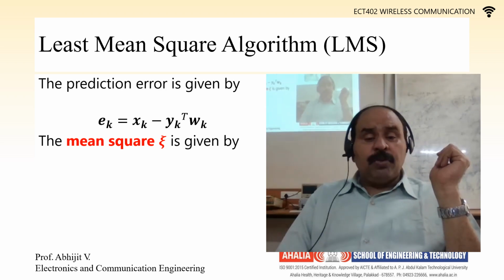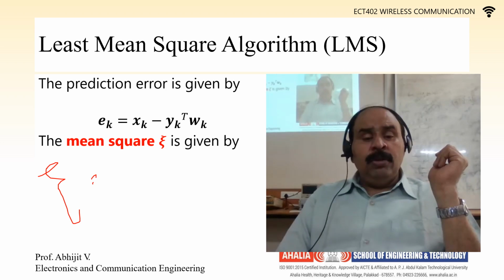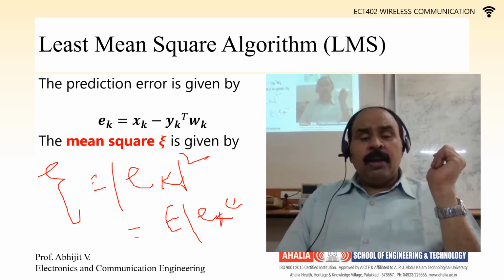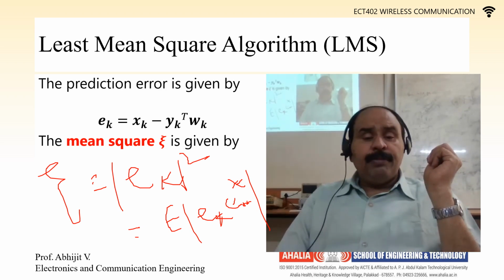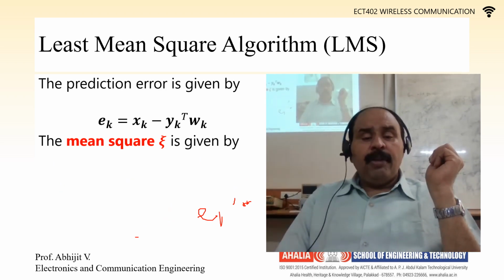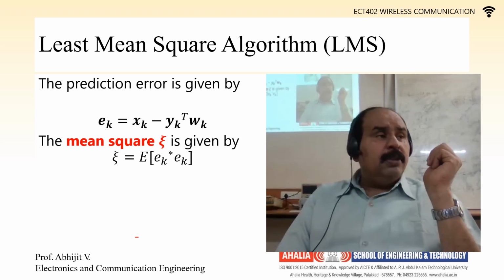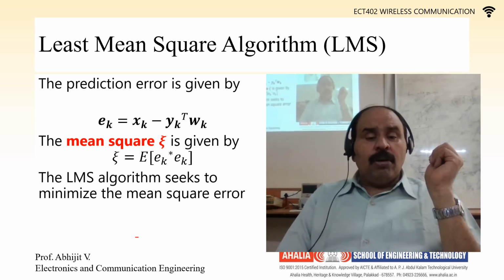Let us define the mean square error eta. Eta is equal to the modulus of e_k squared, or in other words, the expectation E of e_k into e_k conjugate.